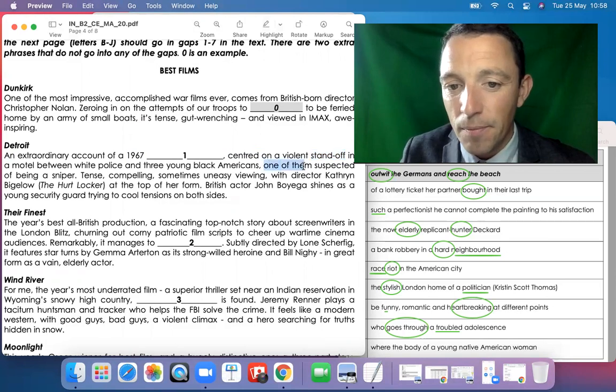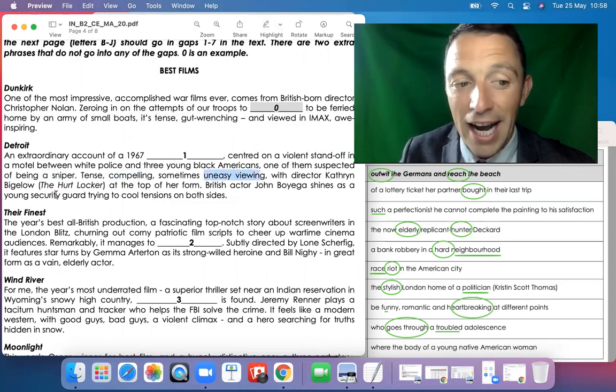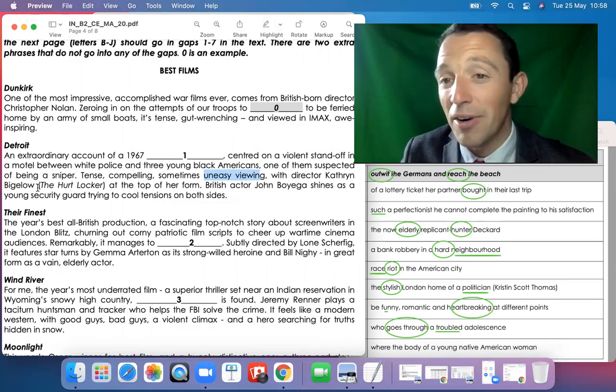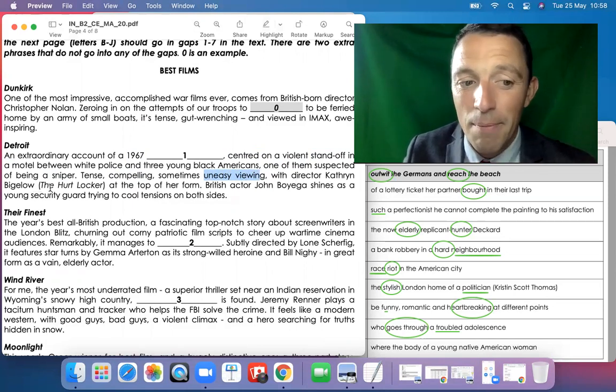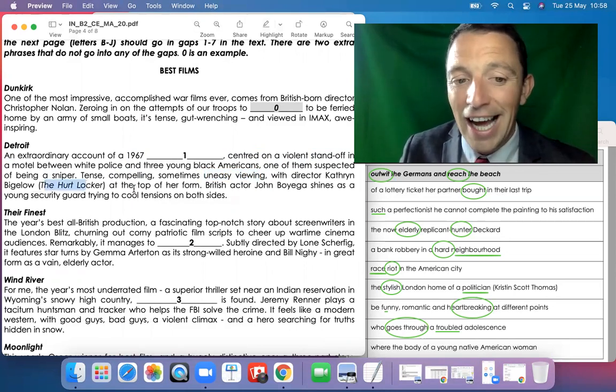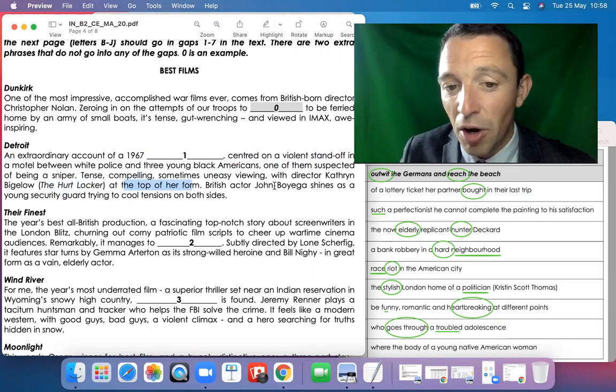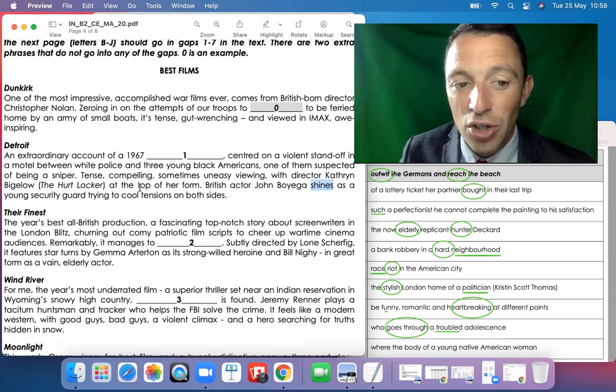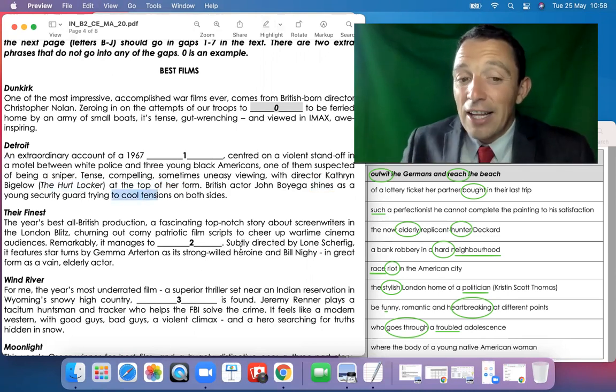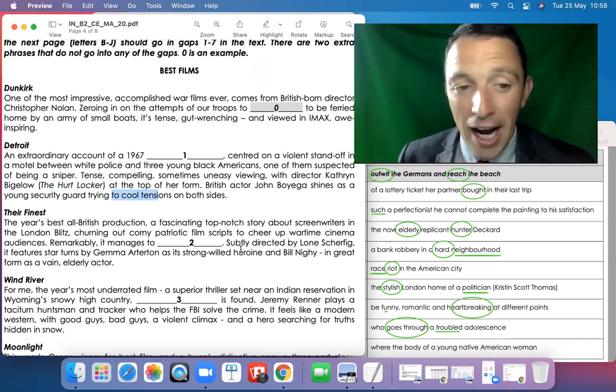One of them suspected of being a sniper. Tense, compelling, sometimes uneasy viewing, with director Catherine Bigelow, I'm sorry, I don't know the pronunciation, I know it's a famous name, the Hurt Locker, at the top of her form. Okay, British actor John Boyega shines as a young security guard trying to cool tensions on both sides. Not too difficult vocabulary in my opinion.